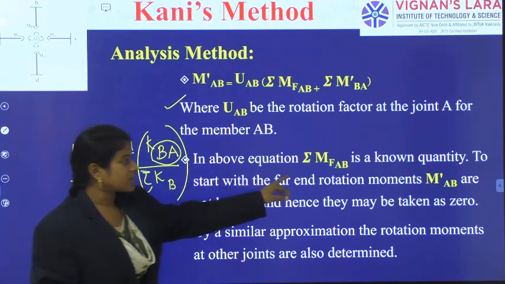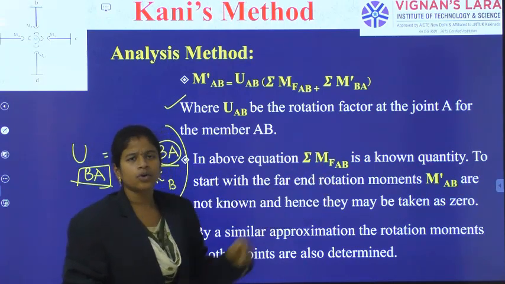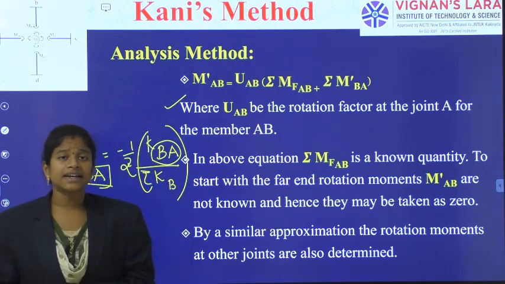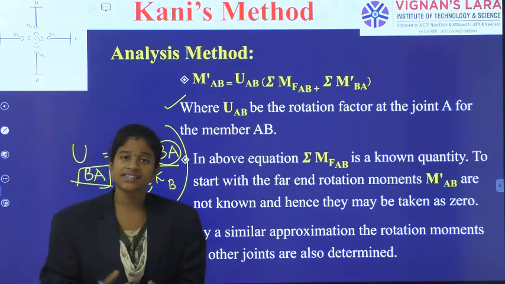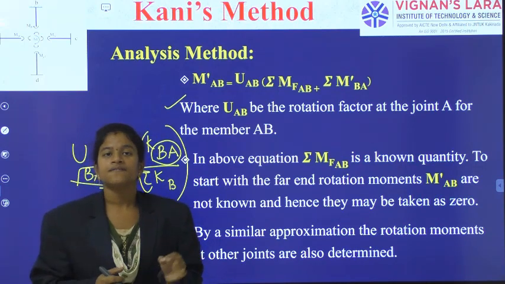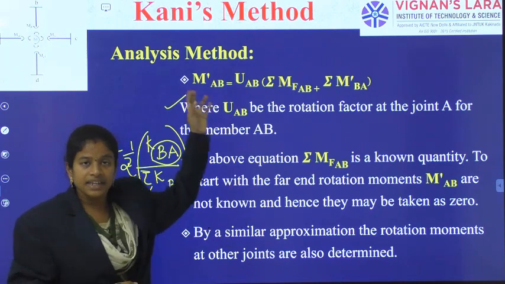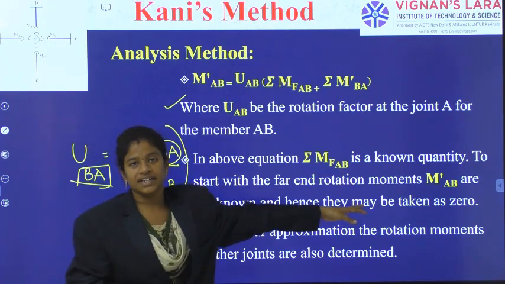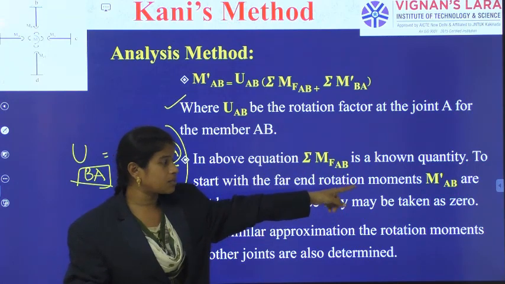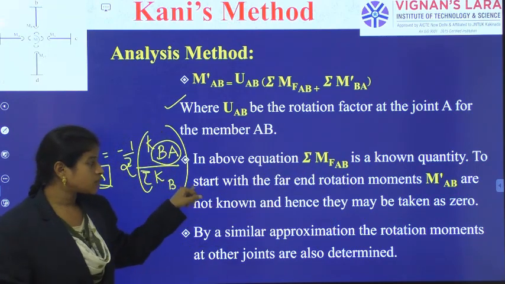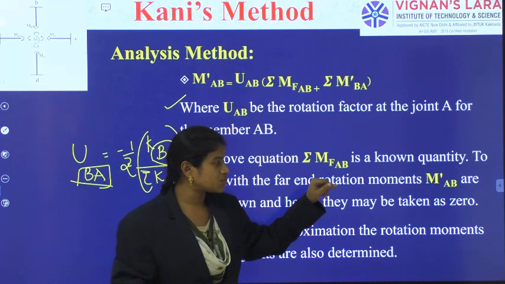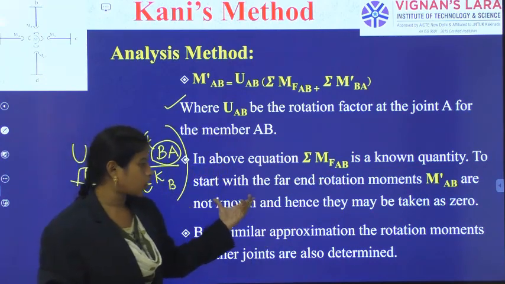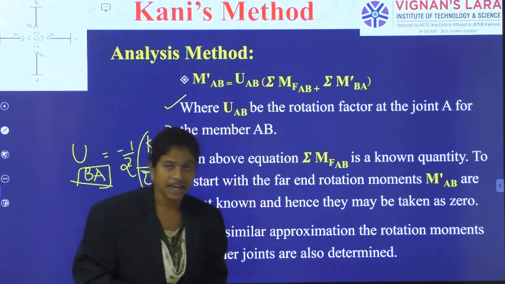Now in the above equation, the summation of M_AB is a known quantity. We have already calculated the fixed end moments, whatever the loading conditions given. To start with, the far end rotation moments M dash AB are not known, hence they may be taken as 0.